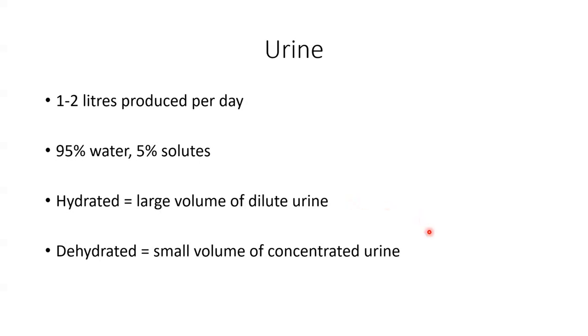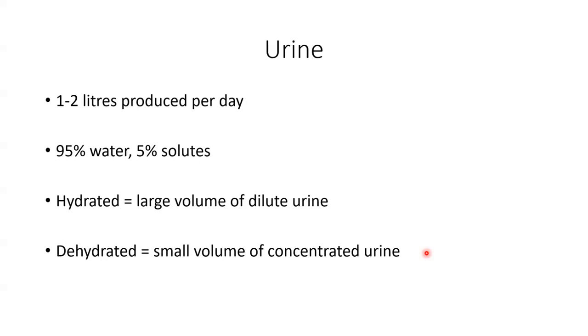In a person who is dehydrated, they will produce a small volume of concentrated urine. So with concentrated urine, there is a lower percentage of water and a higher percentage of solutes. This is when you go to the bathroom and your urine is really that dark yellow colour and often quite smelly.